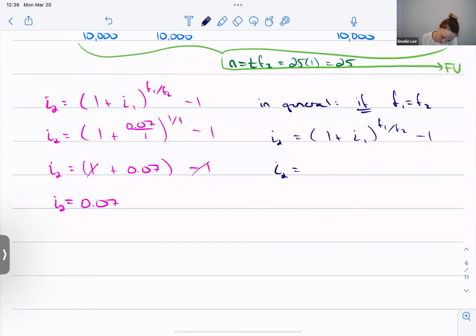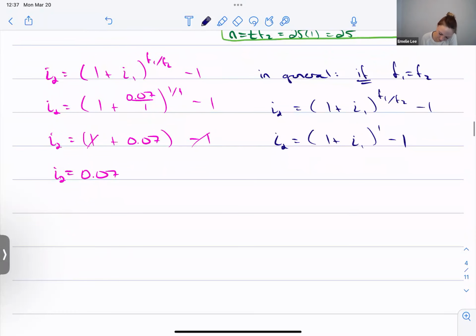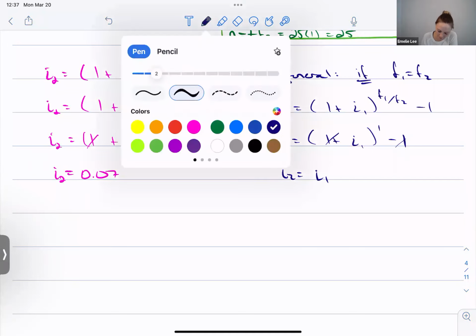So then I2 is 1 plus I1 to the power of 1, minus 1. So then I2 is equal to I1, right? That's just the case in general. But like I said, until you start to see that and say, oh, I can skip that part, it's safer to just always calculate I2. So that's what I'll be doing.